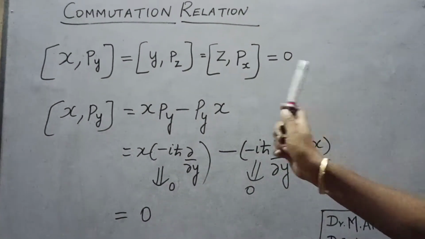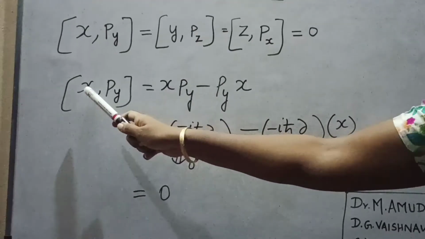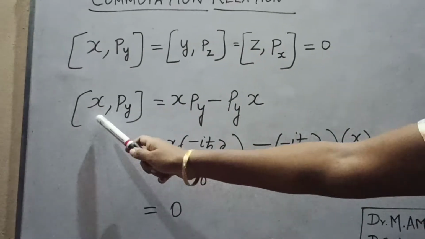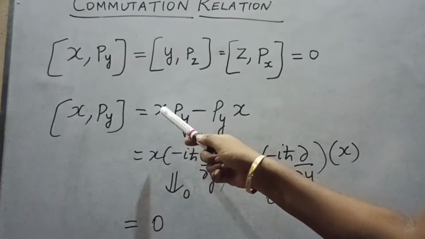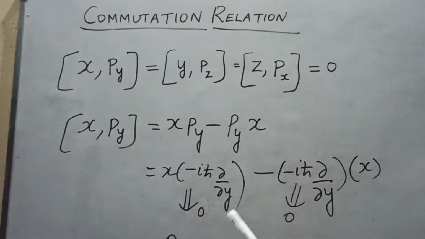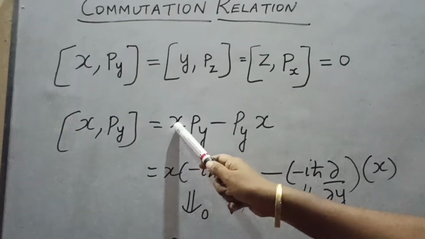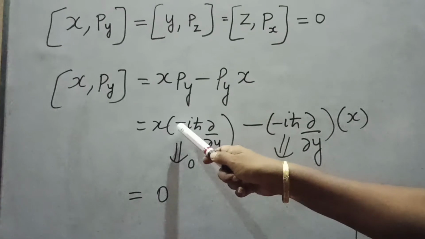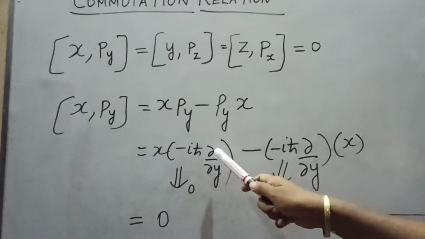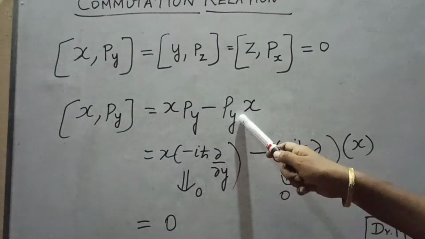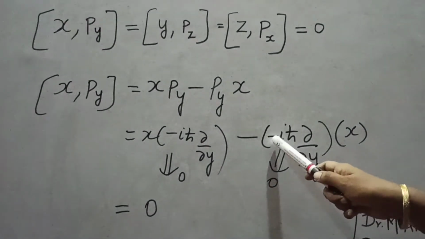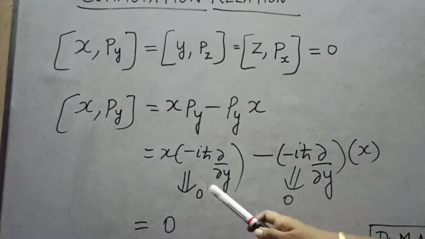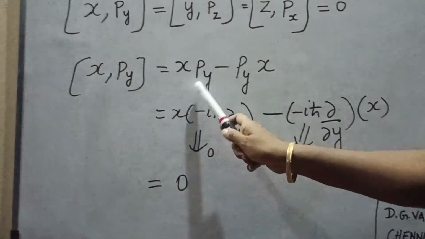Now we will see the explanation. So X as well as Py are found to be commutating with one another. So we can write XPy minus PyX. We can write this X as it is, and then the expression for this Py in the operator form is minus iħ ∂/∂y. Similarly, substitute for this Py in the operator form, there is minus iħ ∂/∂y of X. And you see there is no meaning in writing like this.